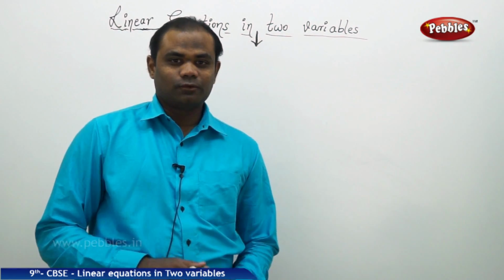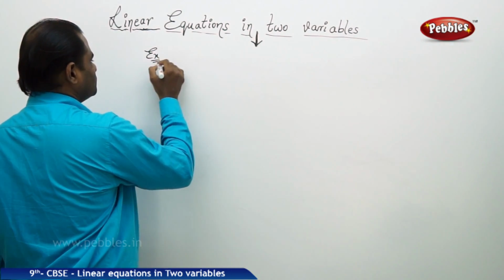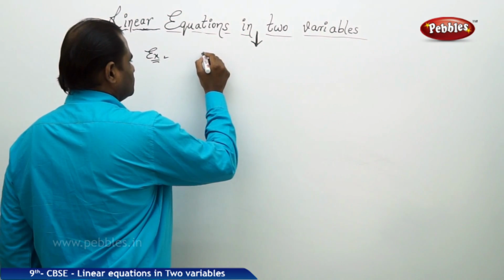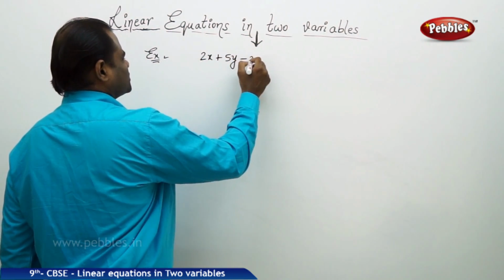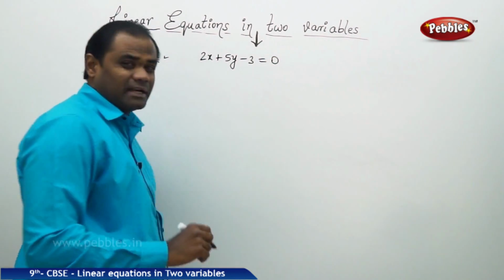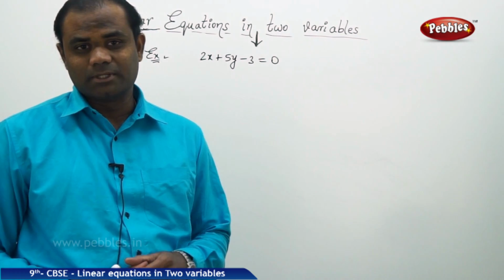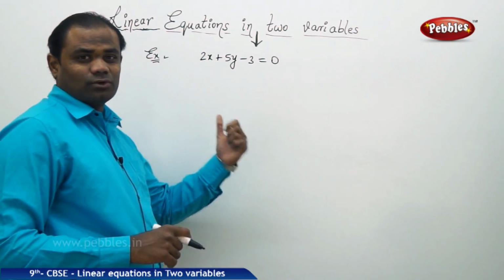For example, I take an equation in the form 2x plus 5y minus 3 equal to 0, and let's test whether this is a linear equation in two variables x and y. Initially I test with rule 1.